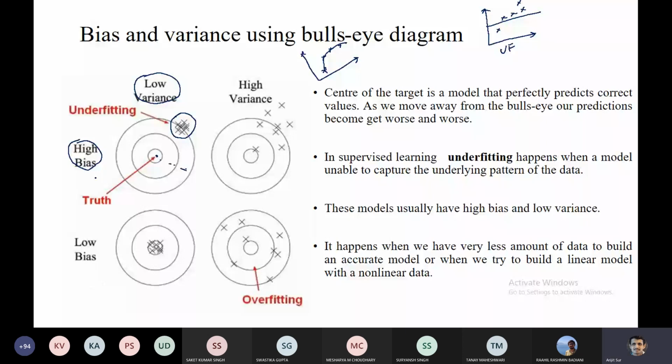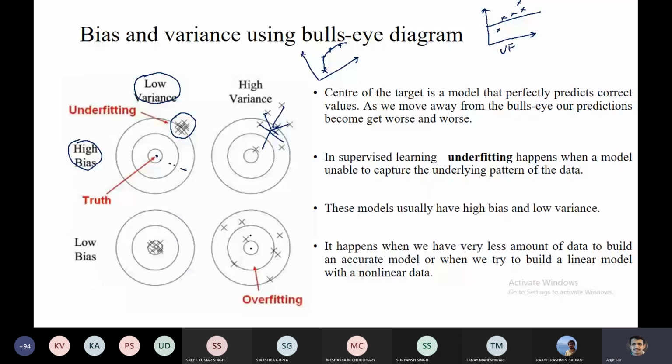Now high bias, high variance. High bias means the center is far from the target, and the variance is also high. So you see the average distance from this cluster center is also very high. That is why it is high variance. Low bias, high variance: low bias means the cluster center is here, but the variance is very high.